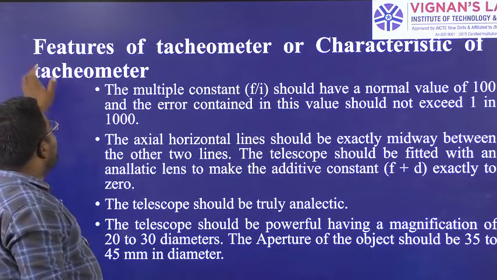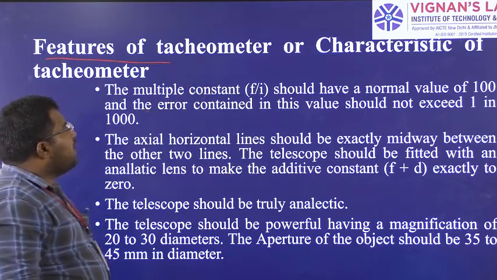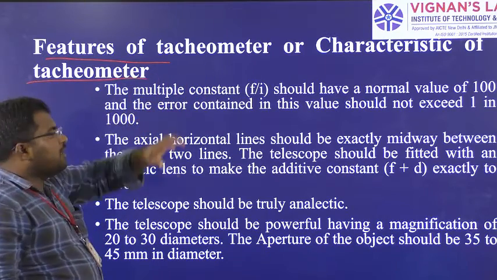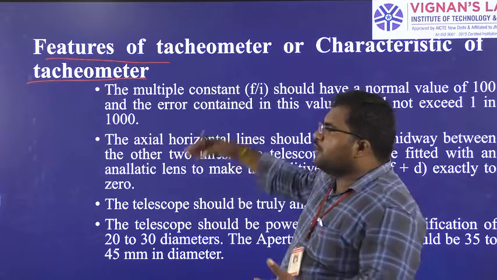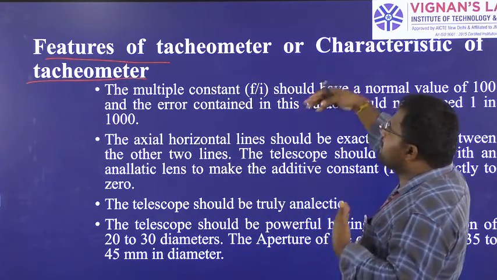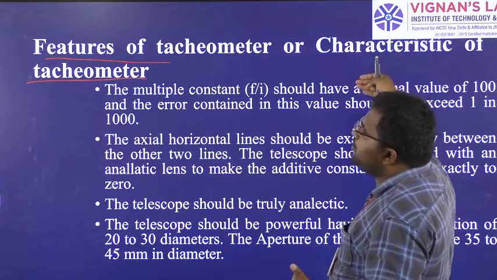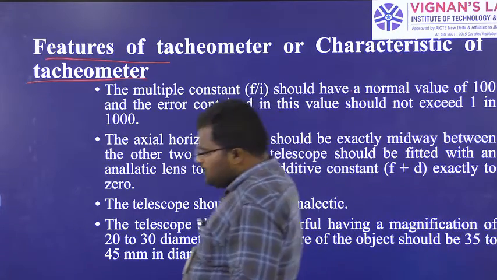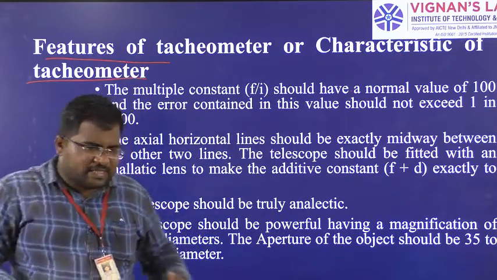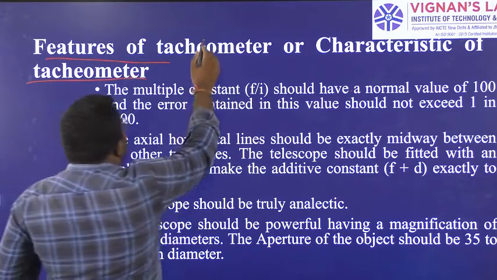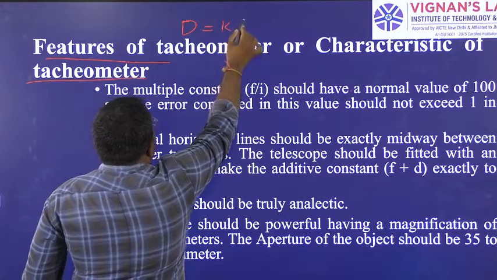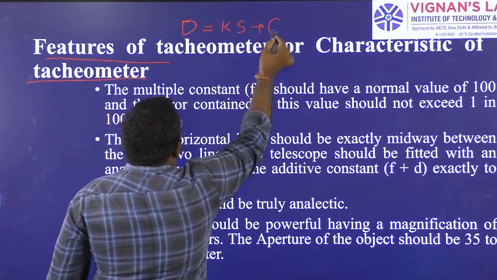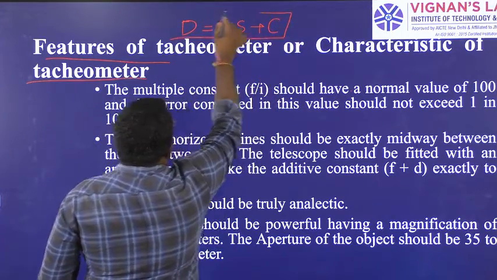Next, the features or characteristics of a tachometer. What kind of special characteristics are needed to recognize a good tachometer? If you want to measure the horizontal distance, we have one formula: D = K S + C. This is the most fundamental formula.